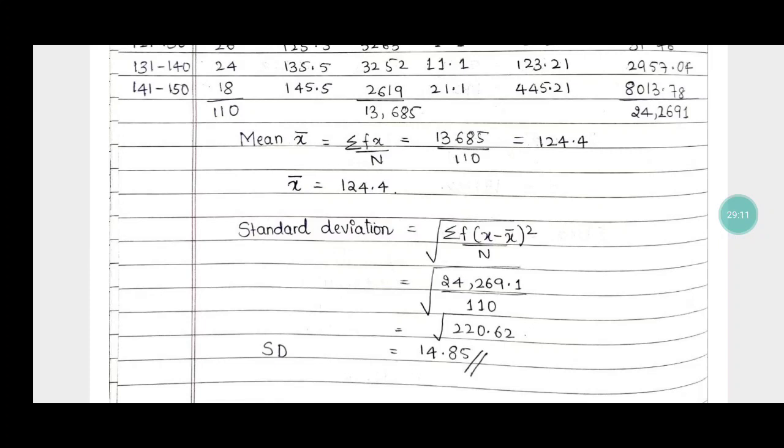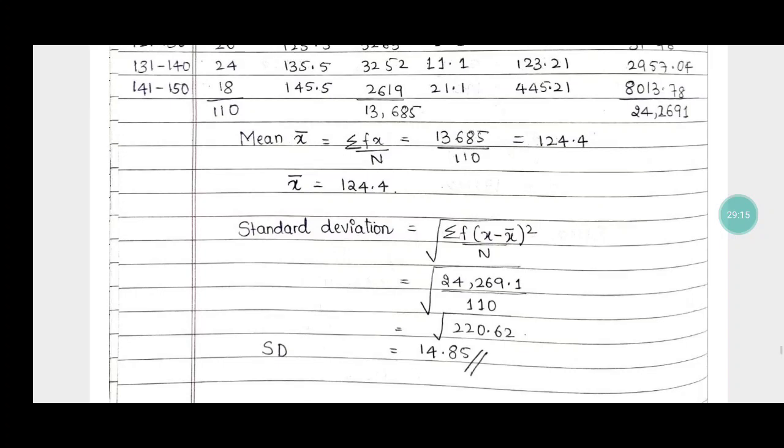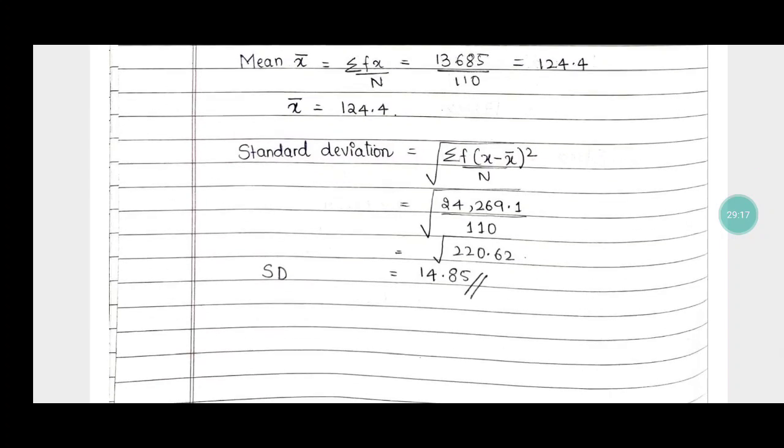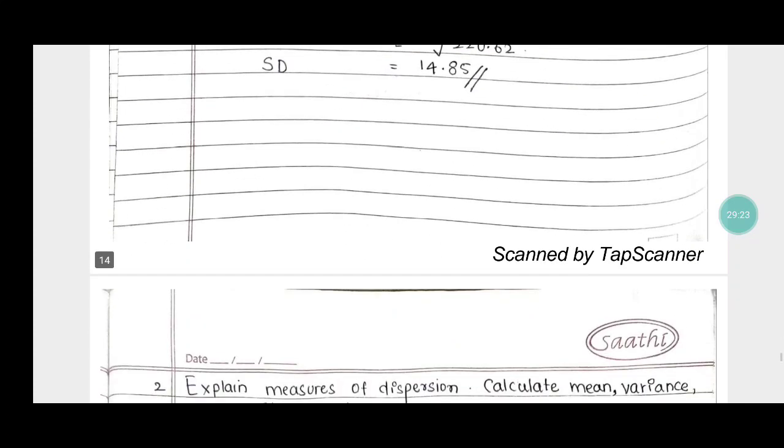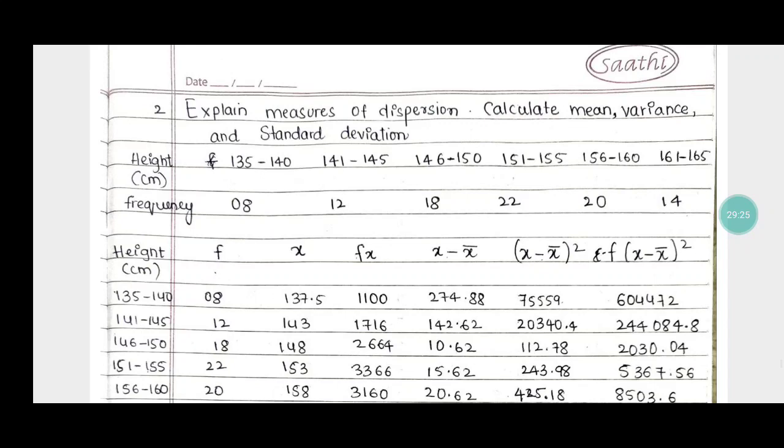What is n? 110. So square root of 220.62, we will get the answer, that is standard deviation 14.85.